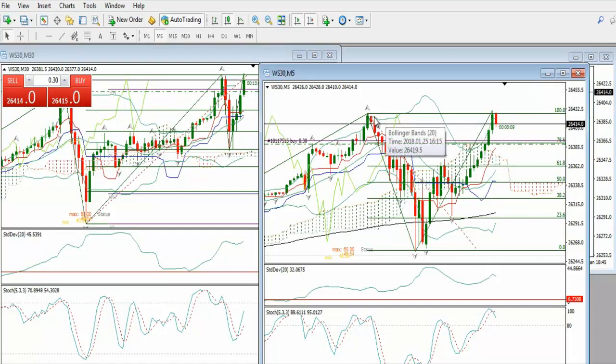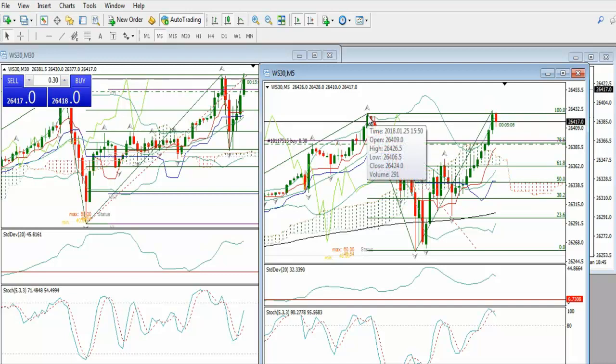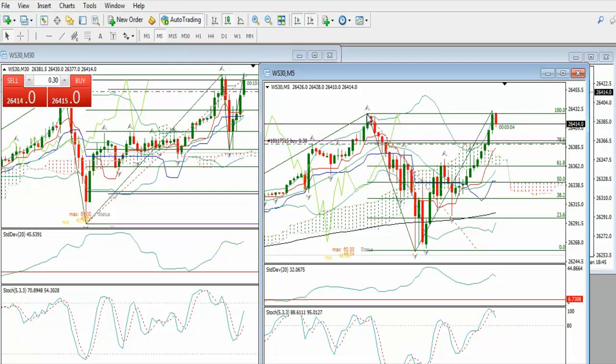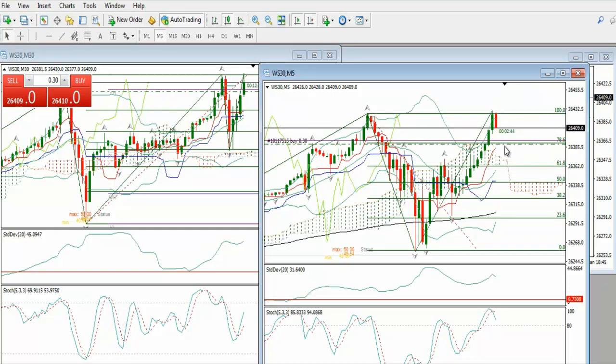I have seen this many times: when the market goes above a higher position like this one, it automatically comes down to retrace and then continues going back up again, of course. But sometimes the retracement may be so hard that it can take all your profit right there. So I don't like this movement very much. The stochastic has changed its direction also.